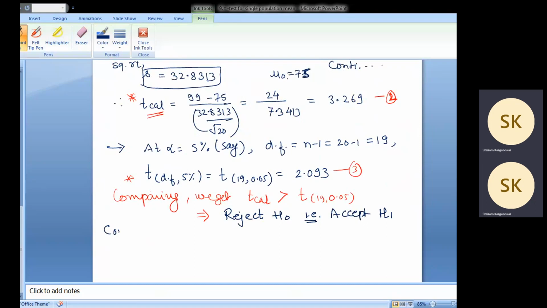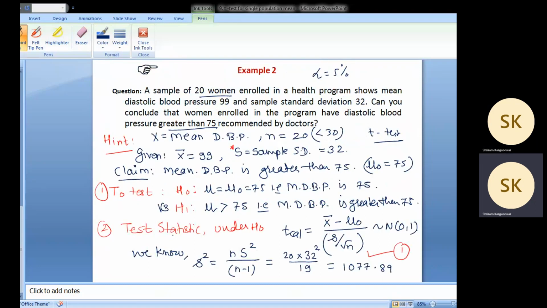Therefore, we have to put the conclusion. So what is the conclusion over here? We have already written that mean diastolic blood pressure is greater than 75, right? That is evident because the sample gives 99 and this is 75, so obviously it is greater than 75, but we have to prove it through a scientific procedure.